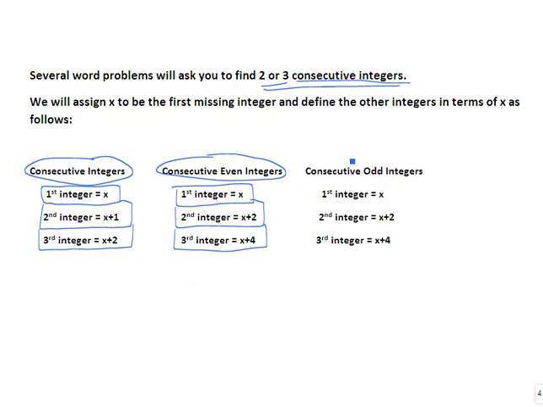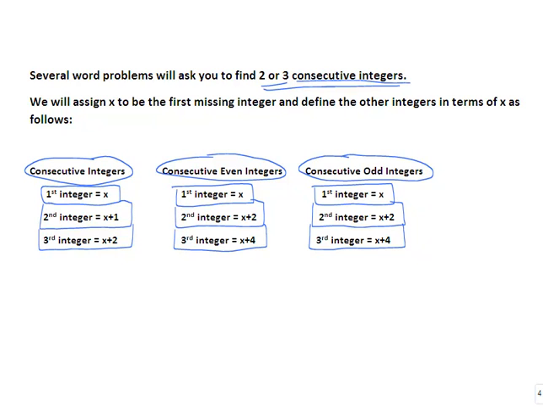Okay, it turns out to be exactly the same for consecutive odd integers. Your first missing number will still be x. We have to add 2 more to that to skip over and get the next odd integer, and then we'd add 2 more to that to get the next odd integer, so x plus 4.